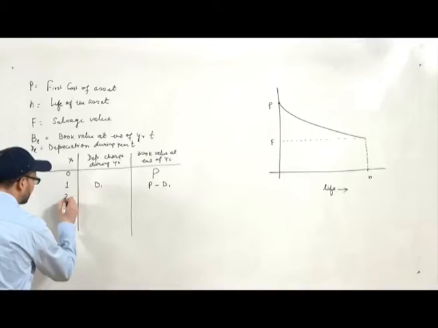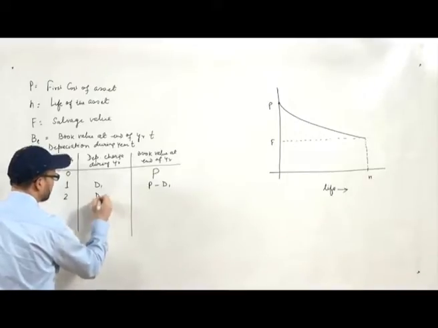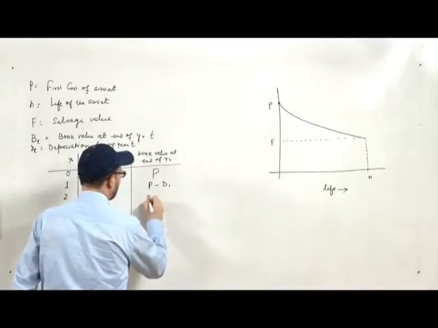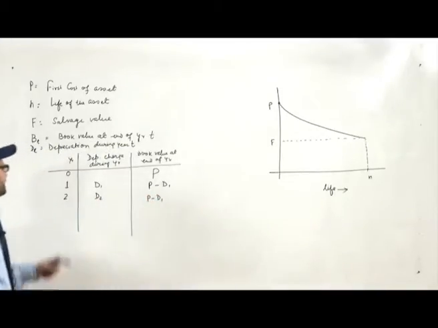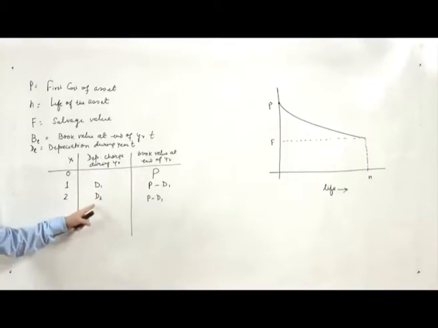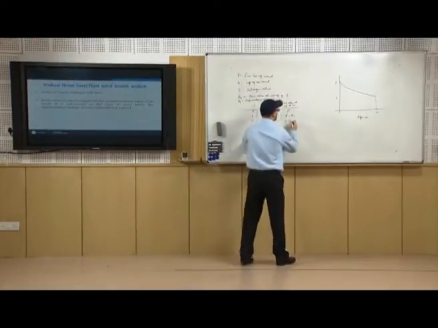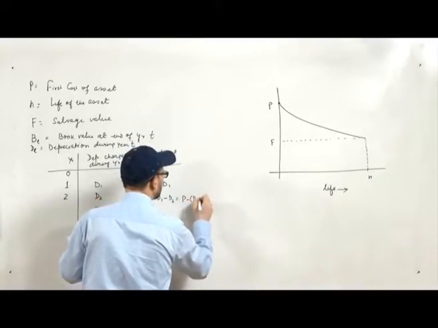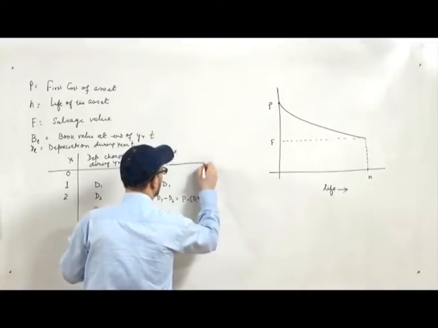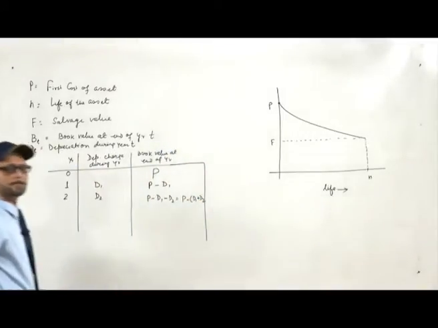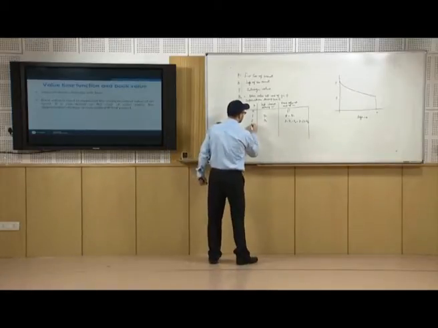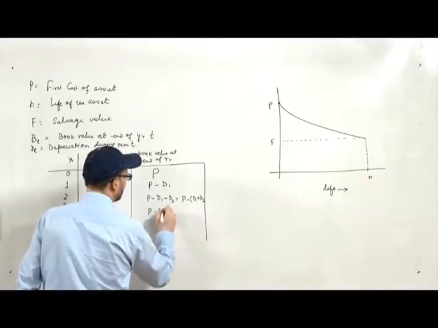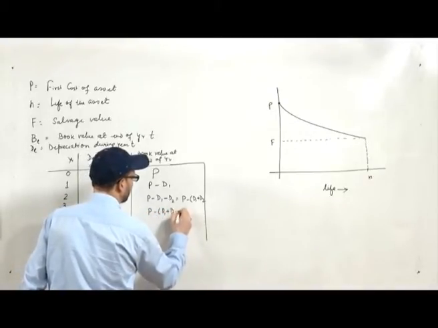In the second year your depreciation charge is d2. So, P minus d1 is the value at the end of the first year, and the depreciation during the second year is d2, so it will be P minus d1 minus d2. In the third year, if it is d3, you can write P minus d1 minus d2 minus d3.